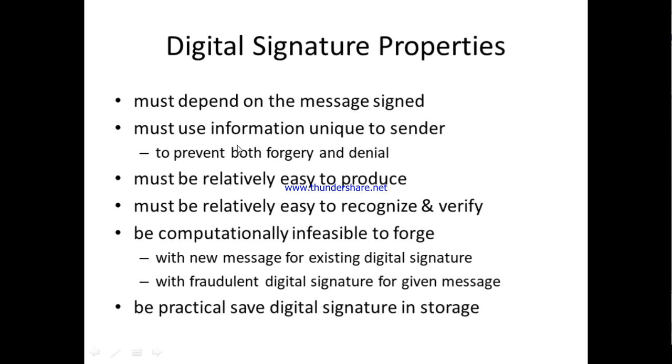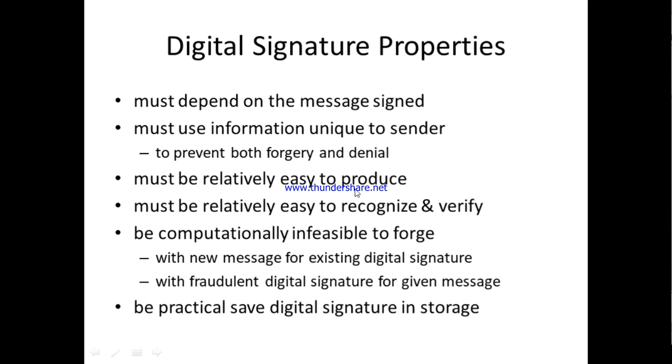This is to avoid forgery, so that somebody else cannot act as the sender and send, and also to avoid denial, that the sender should not deny having sent the message. So the information known to and unique to the sender must be used to provide the digital signature.